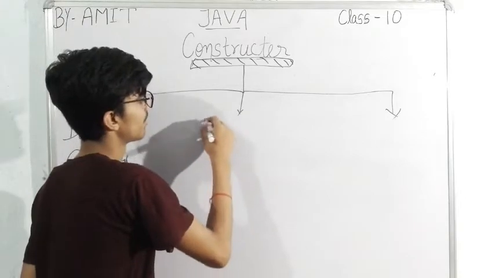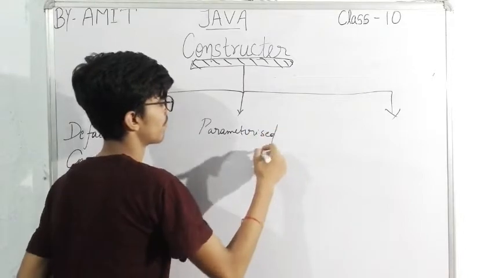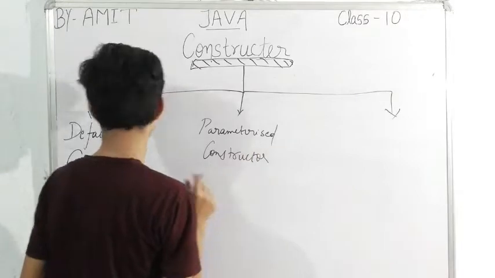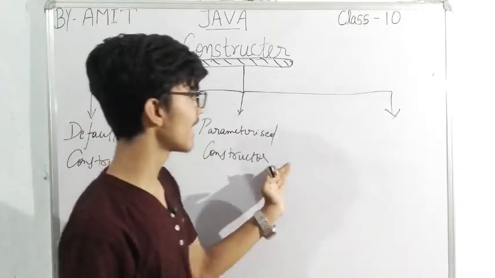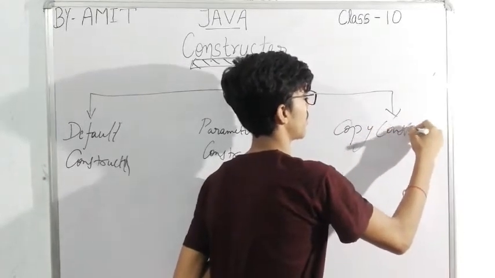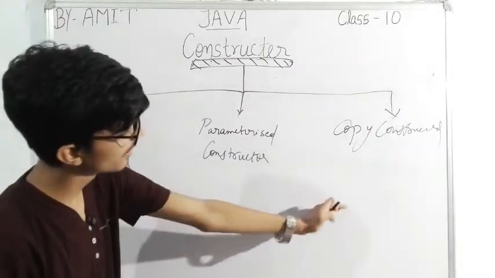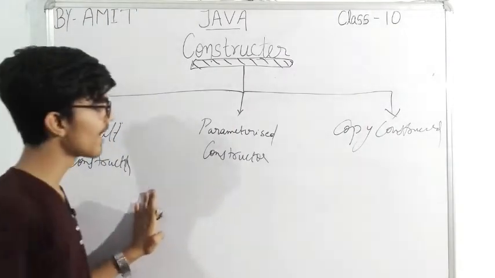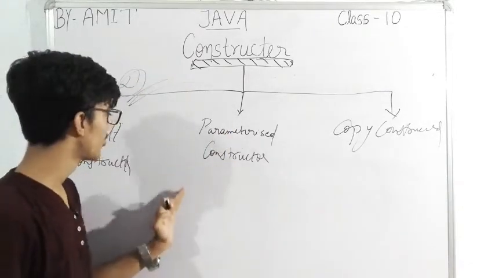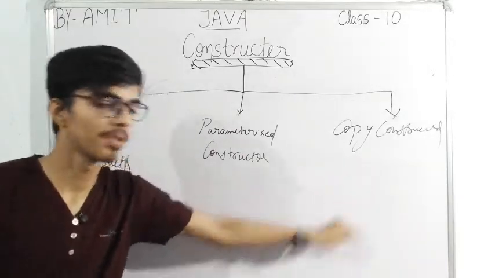Then the parameterized constructor, and at last we have the copy constructor. So there are 3 types of constructor. Write it down. It is generally asked as a 2 marks question, which is very important in ICSE. So please copy it down: default constructor, parameterized constructor, and copy constructor.